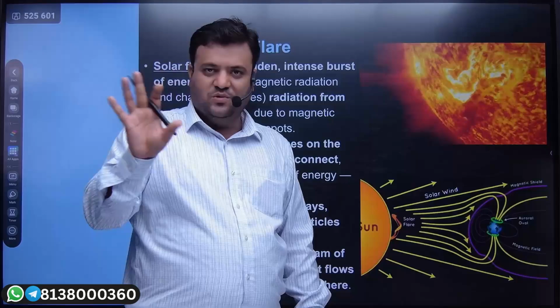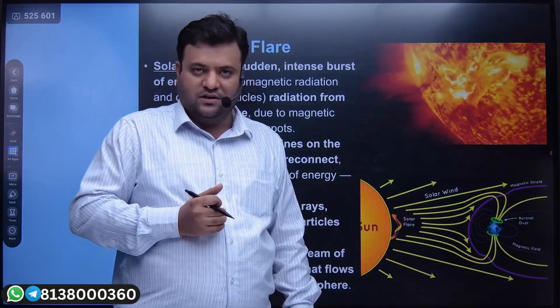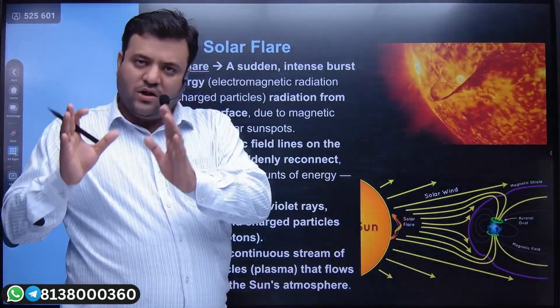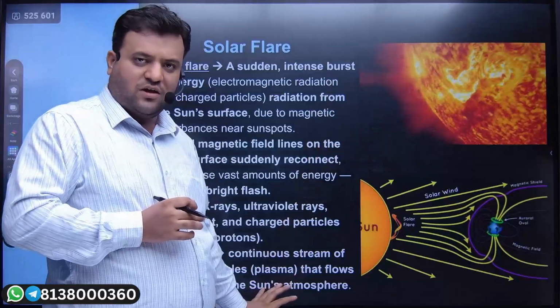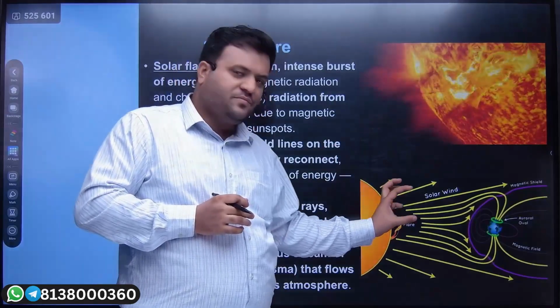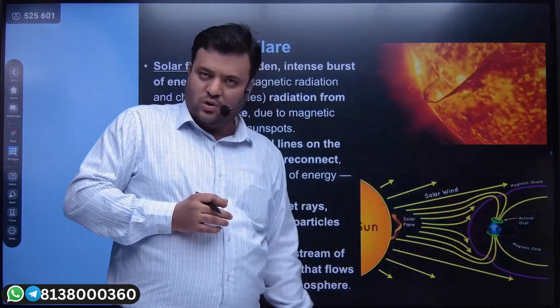There is a glowing sky, especially in the polar parts of our Earth. So the reason for the glowing sky on our Earth's surface is this: solar flare, and yes, we have solar wind. Because of these two, we have high energy particles. These high energy particles will interact with the ionosphere, and as a result of that, there is a glowing sky.